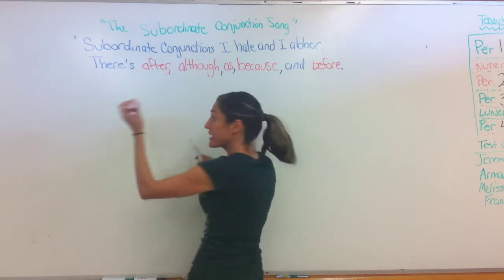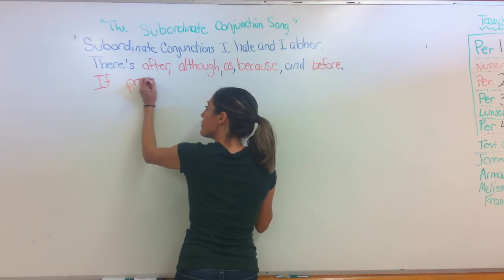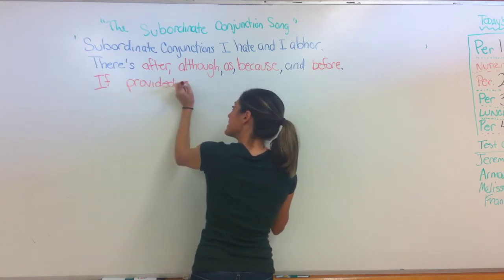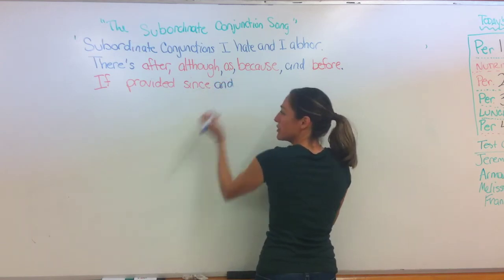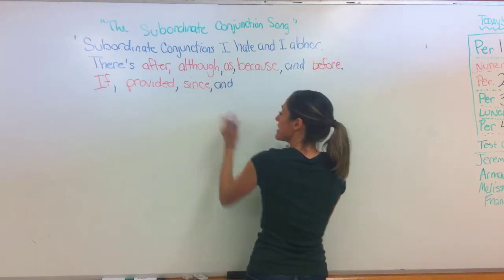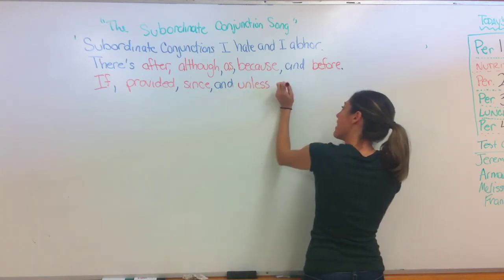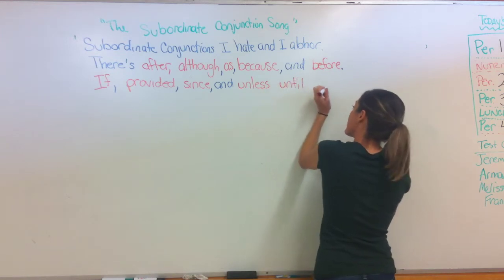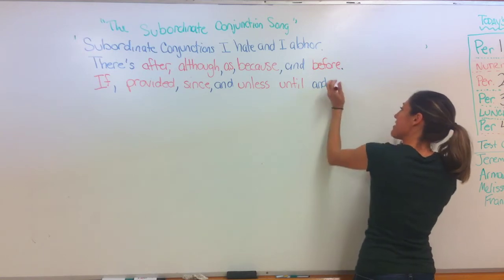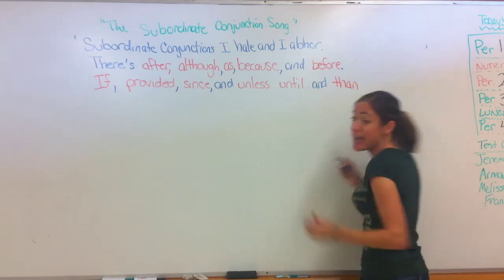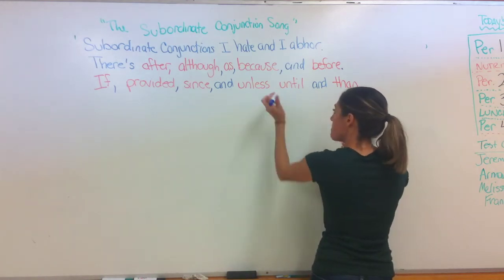So after, although, as, because, and before. Switch back to your subordinate conjunction pen. If, provided, since, and, put commas here, if, comma, provided, comma, since, and, unless, until, and, than, T-H-A-N, not the E-N, A-N.